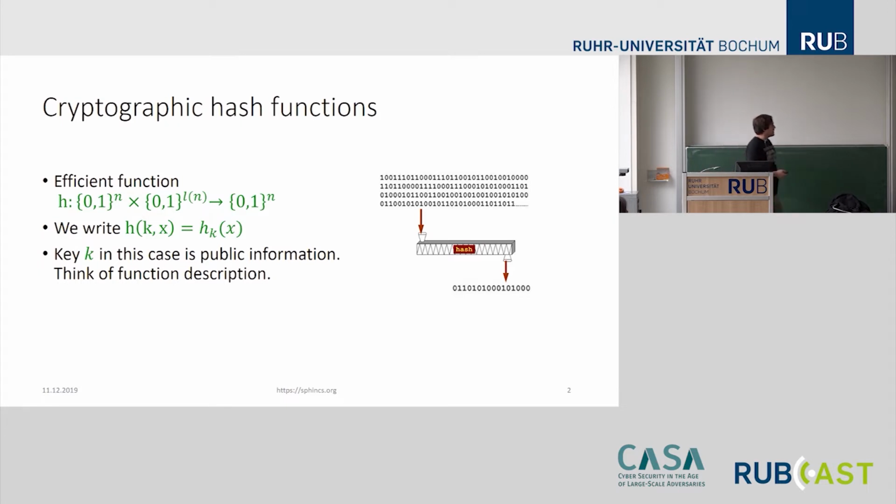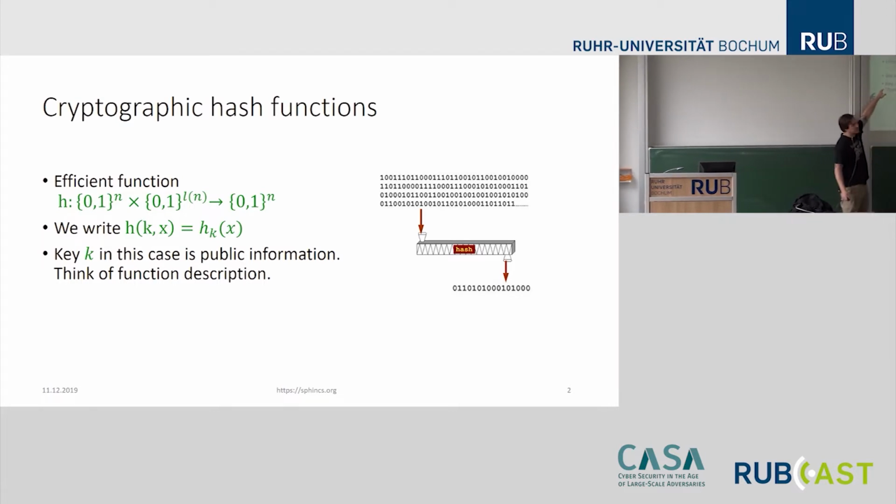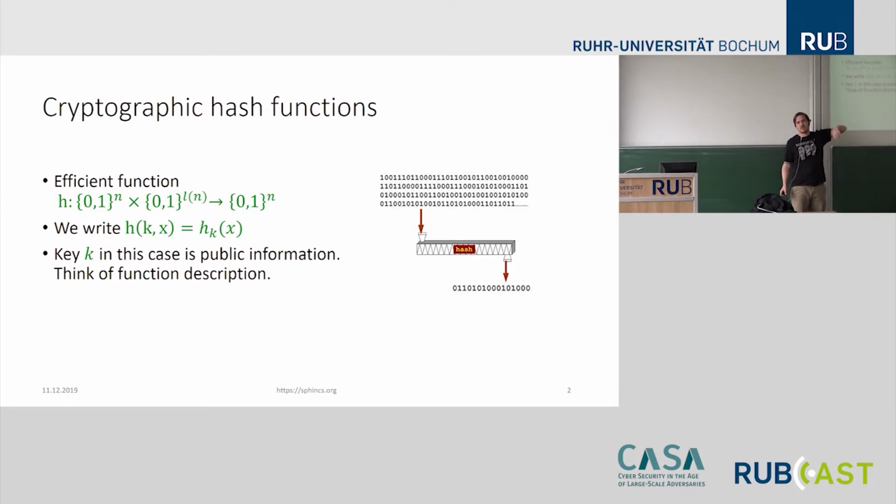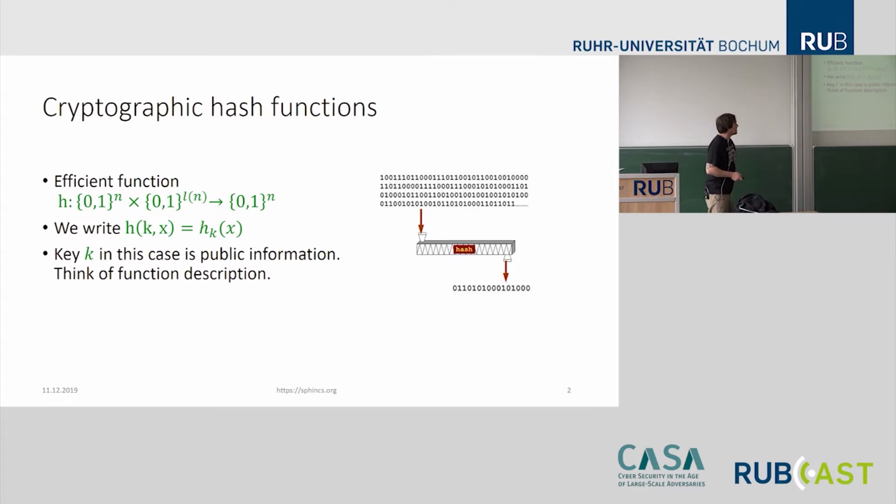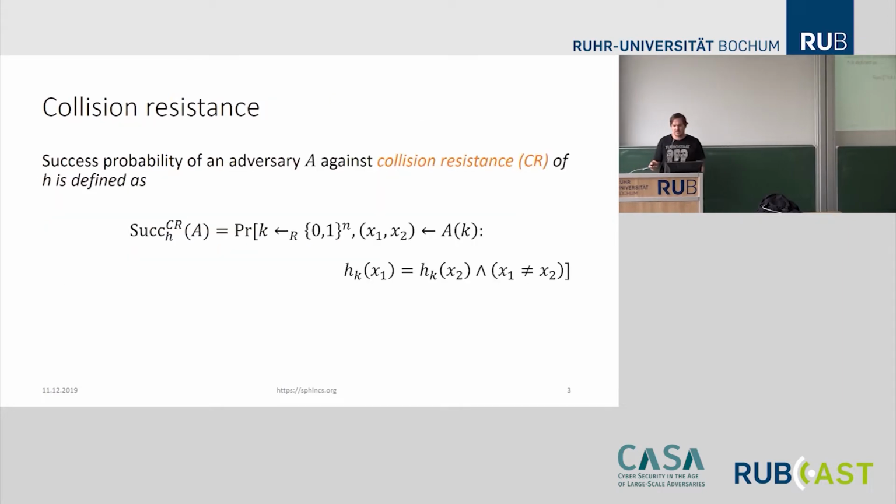For a cryptographic hash function, I'm considering generally a compressing, or at most length-preserving, function that takes an additional input, which is the key, which you can think of as a function description that's publicly known. Sometimes I might even omit the key, and otherwise I write hk of x.